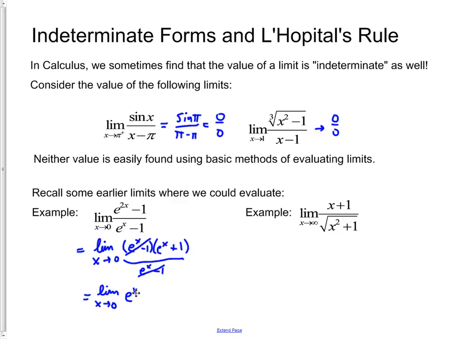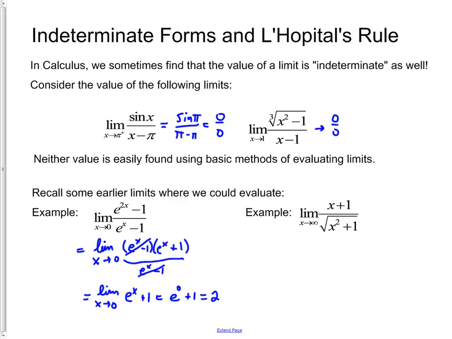So if we evaluate this by substitution, we get e to the 0 plus 1, which gives 2 as a result. So that's relatively easy to evaluate.